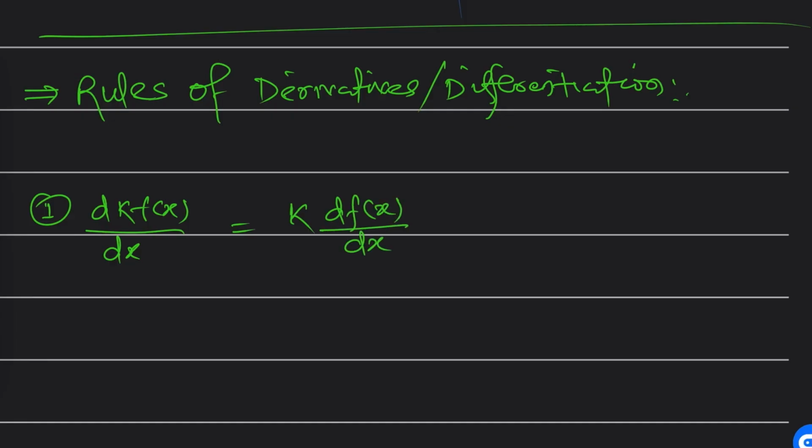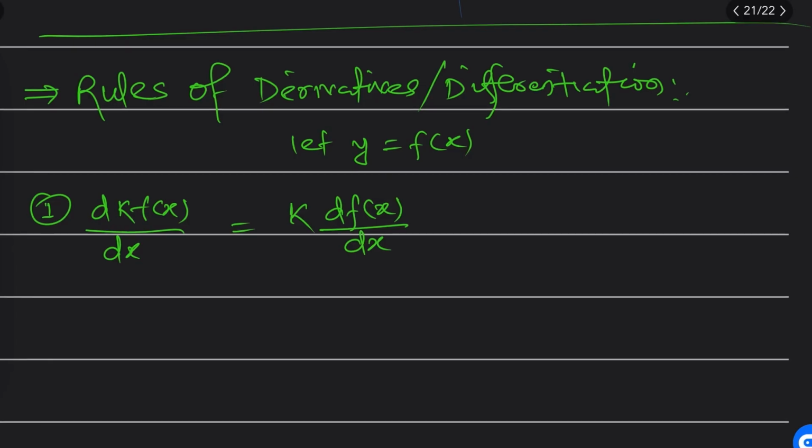Let y is equal to f of x. It is actually y, so don't get confused, f of x is a function of x. Obviously if you put x you will get y, so that's why y is equal to a function of x. Keep in mind.